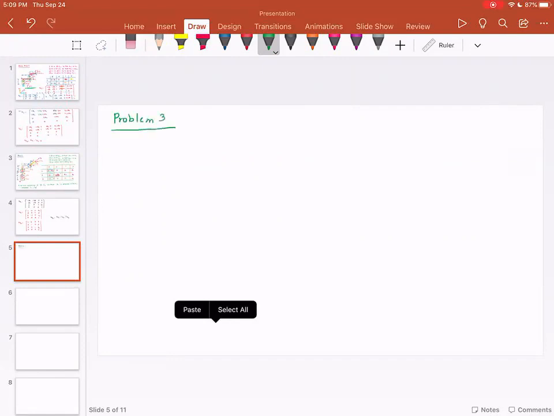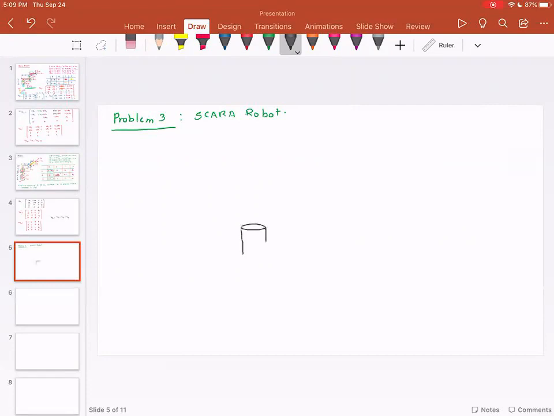Problem 3 from your quiz is called the SCARA robot. So how do we solve this problem with the DH parameter technique? Let me draw the kinematic diagram.